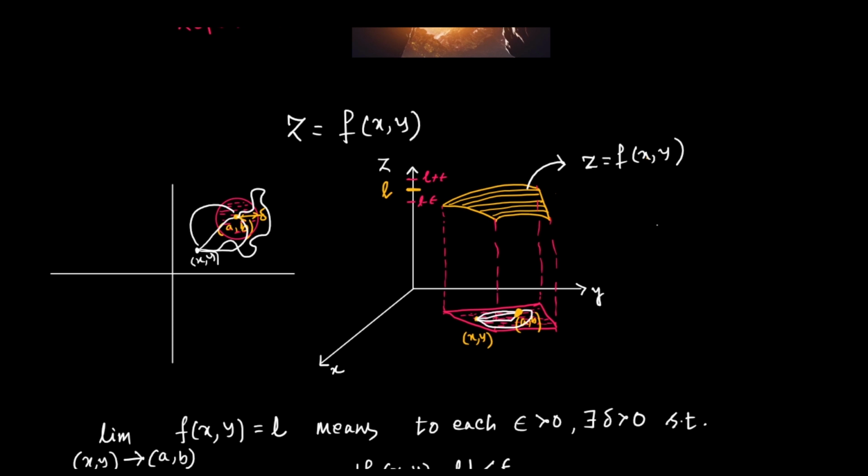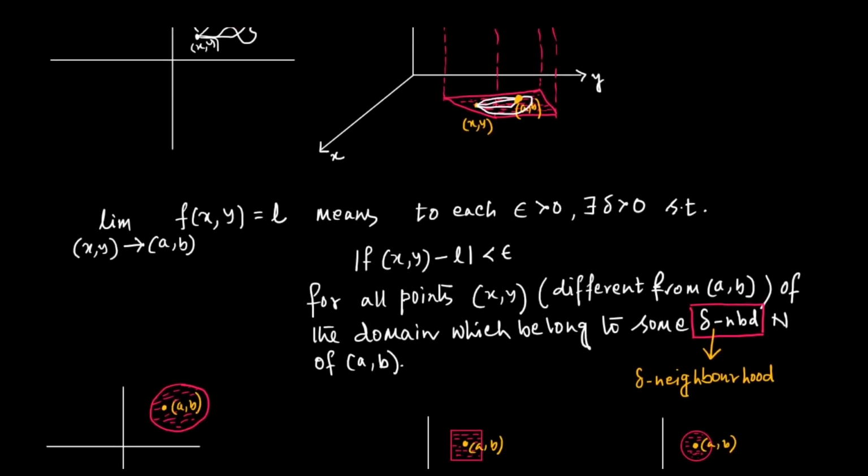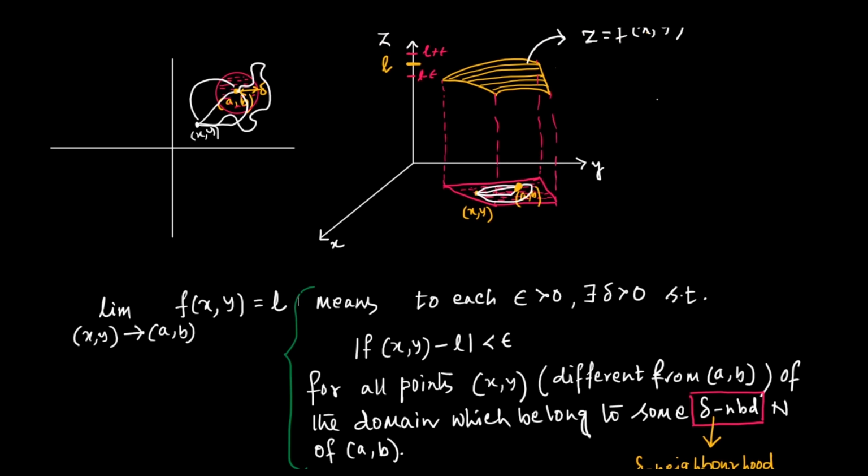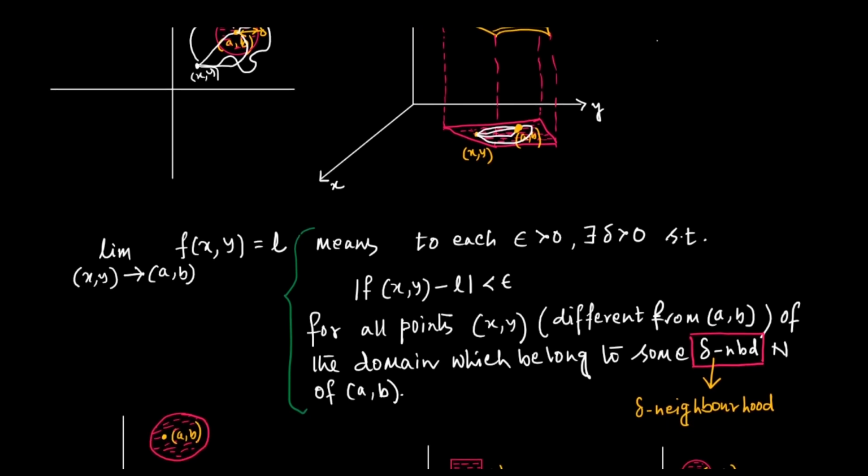So whenever xy is very close to AB, if f(x,y) is very close to L, we said that the limit exists, and that is what is mathematically written in this definition. Whatever the path may be, if xy becomes very close to AB and f(x,y) becomes very close to L, we said that the limit exists.